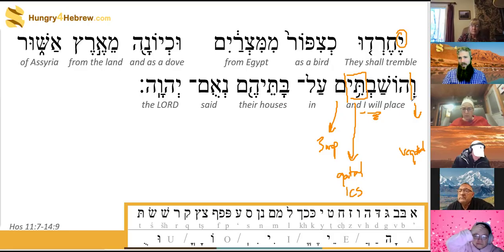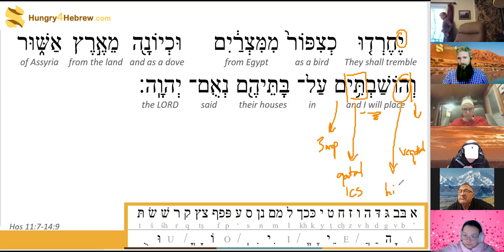Good. So now that we have that, we're left with Hosh. Is it Hoshav or Hoshiv? Lehashiv, it's Hoshiv. Good. So without the T on the end, it would be Hoshiv, and then we would see the Hey and the Hirik Yod. But we only get to see the Hey here, and that Hey is what tells us that we're looking at a Hifil. So causing what?